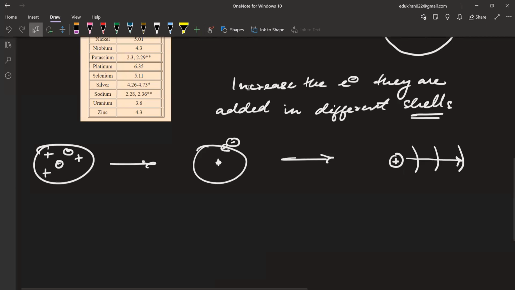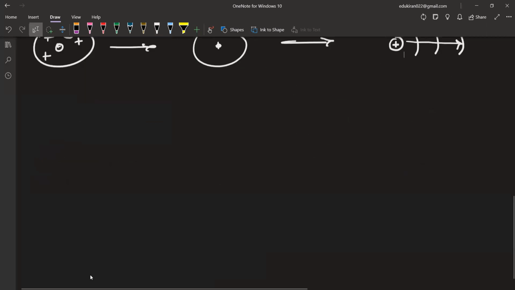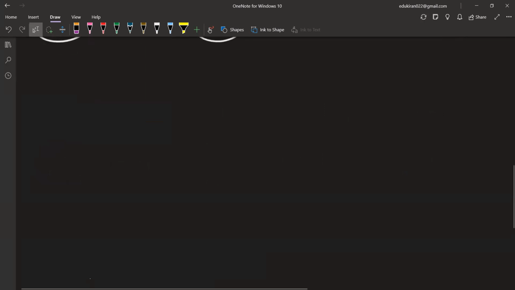Okay, so please write now Bohr's model of atom.